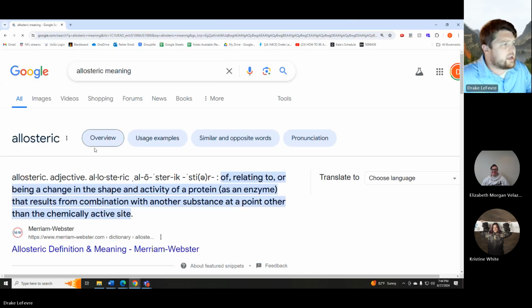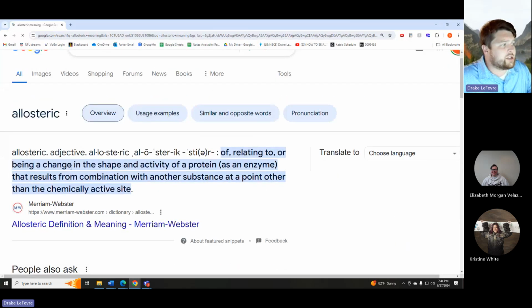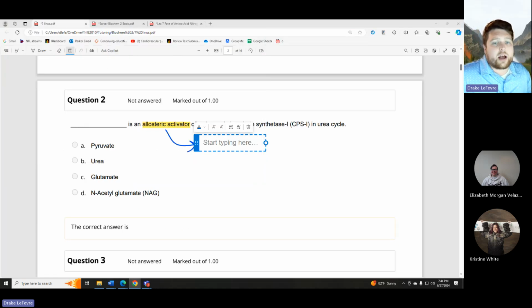means, so it's of, relating to, or being a change in the shape and activity of a protein that results from combination with another substance at a point other than the chemically active site. So the spot somewhere else besides the specific receptor site.